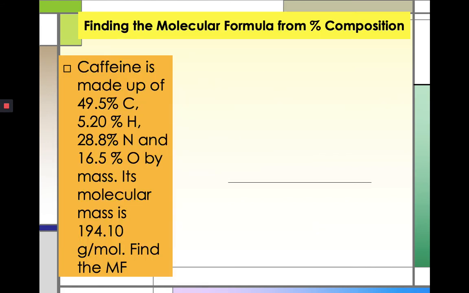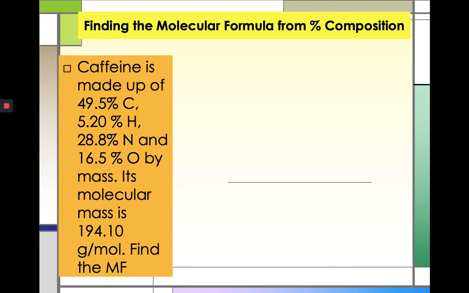So as usual, we start with an example, caffeine, which is a known stimulant. If you ever feel sleepy, you take a cup of coffee, and the active ingredient in coffee is caffeine.